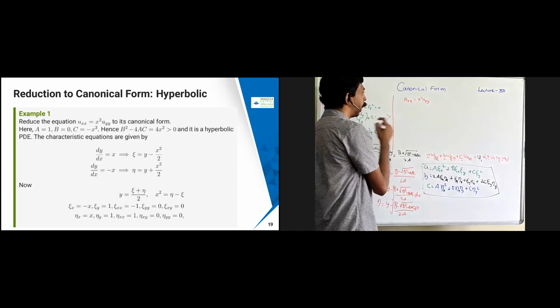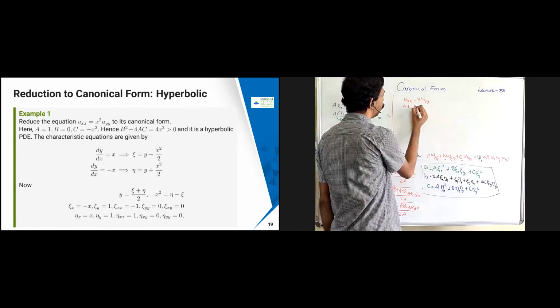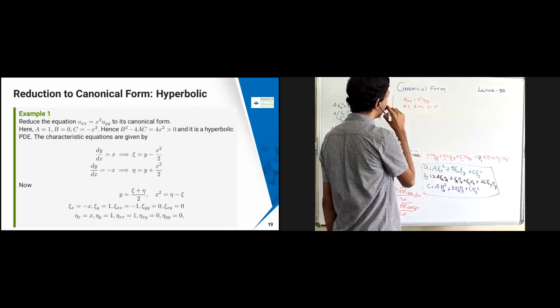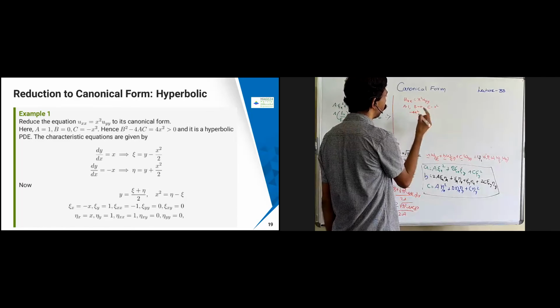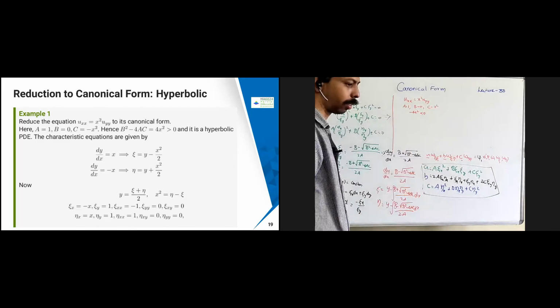We can verify that a is going to be 1, b is going to be 0, and c is going to be minus x square.